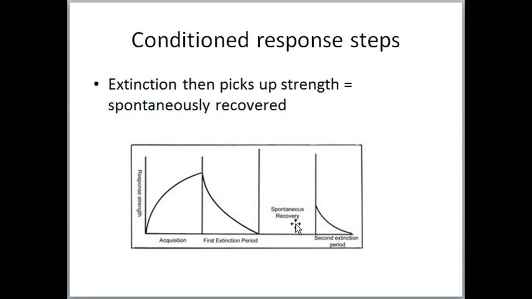Let's take Pavlov's dogs, for instance. He did the bell thing, they salivated, and then he changes over to a different stimulus. That would have gone away. That would have been the extinction. If he rings a bell a month from now and a dog starts to salivate, that would be a spontaneous recovery.